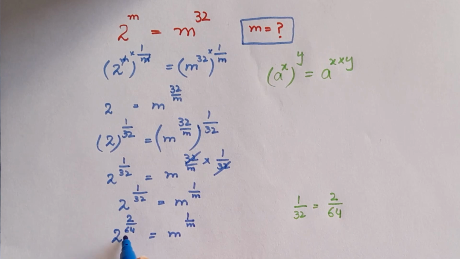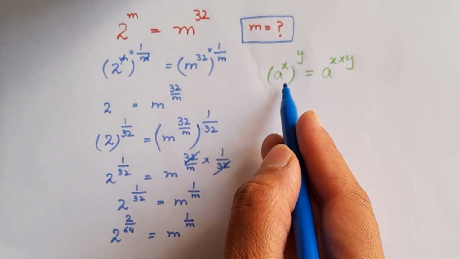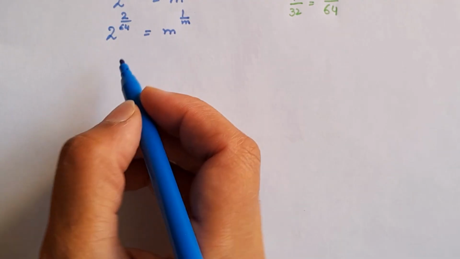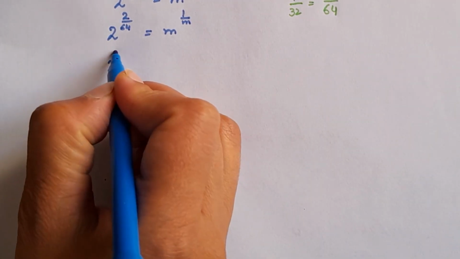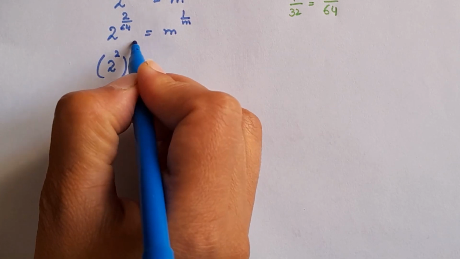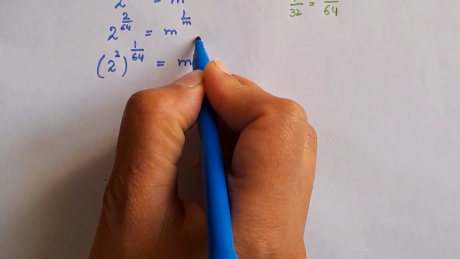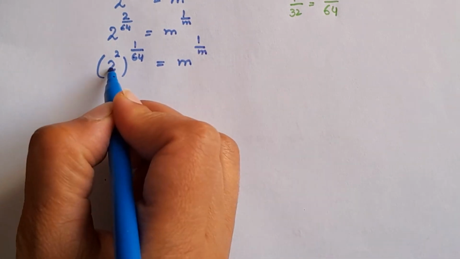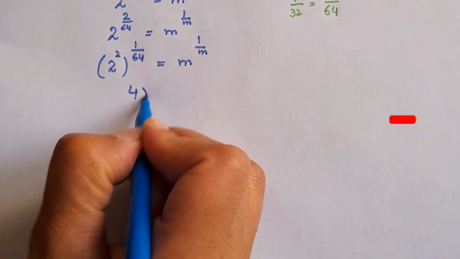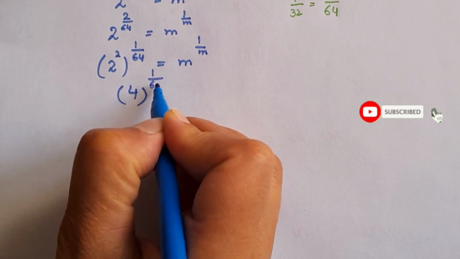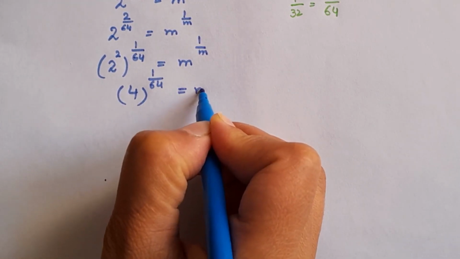We can split the power using the power of a power rule, which is a raised to power x, raised to power y. So we can write it as 2 to the power 2, to the power 1 over 64. 2 to the power 2 means 4 to the power 1 over 64. Right hand side as it is.